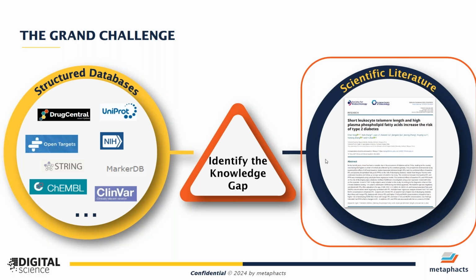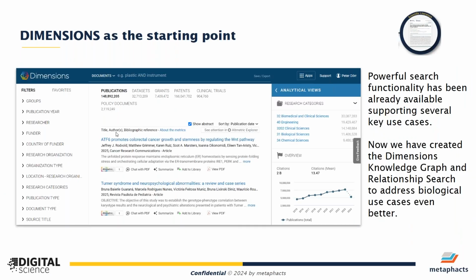On the right-hand side, it's about scientific publications, and those of you who are familiar with Digital Science and with Dimensions know that we have a very cool literature search tool, which is called Dimensions. Here a screenshot. I will give you also some examples how to use it in a minute.